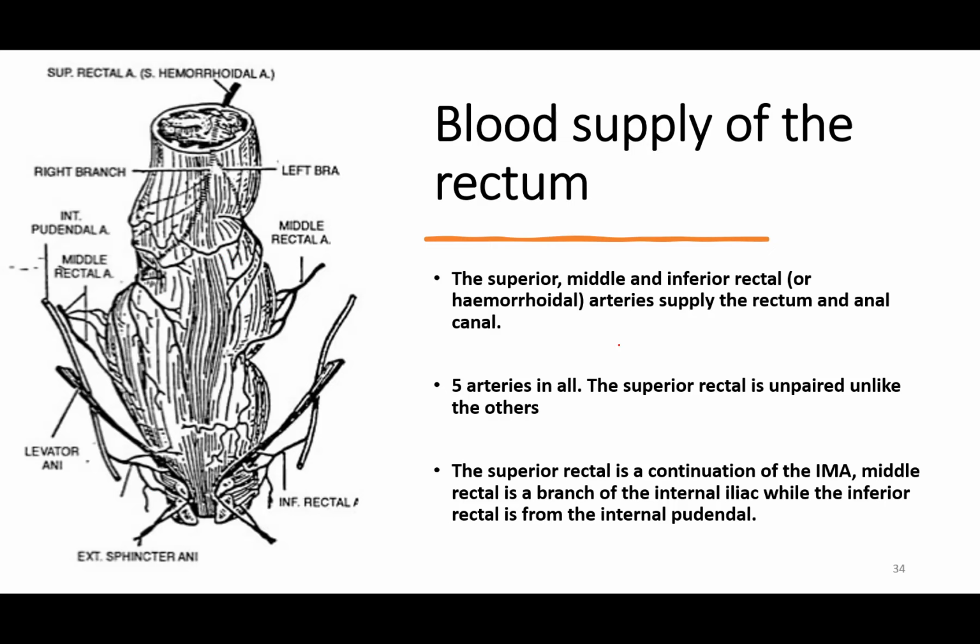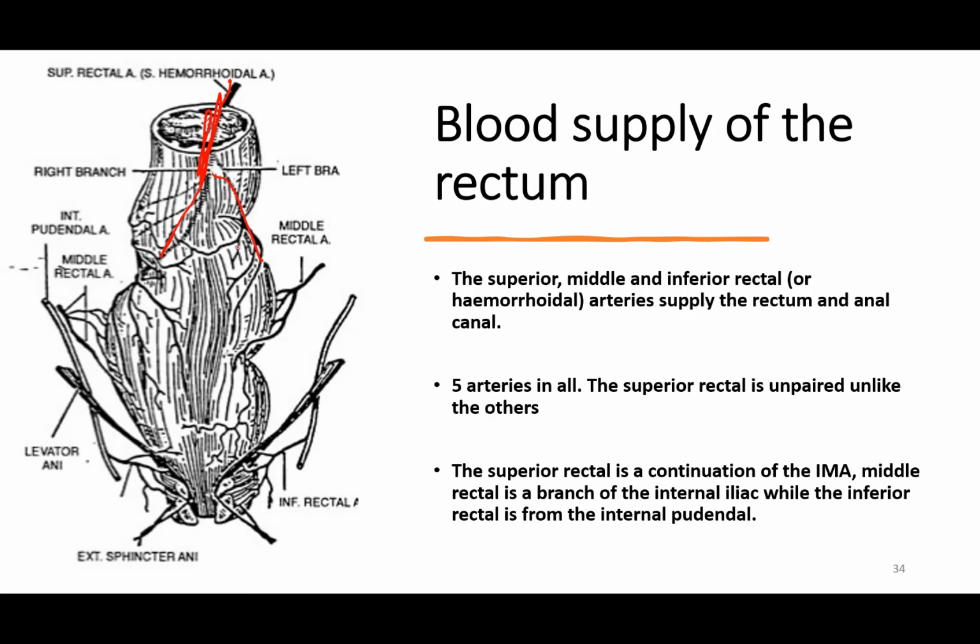And we said the inferior mesenteric artery ends as the superior rectal artery that now divides into the right and left branch.